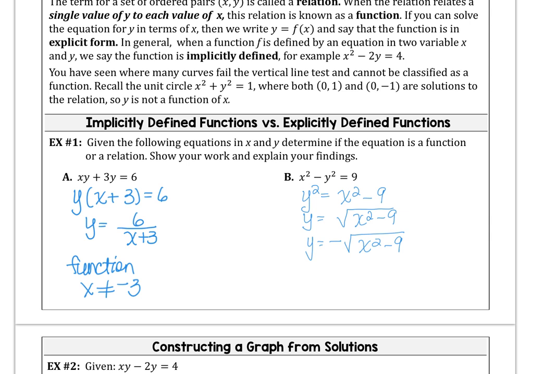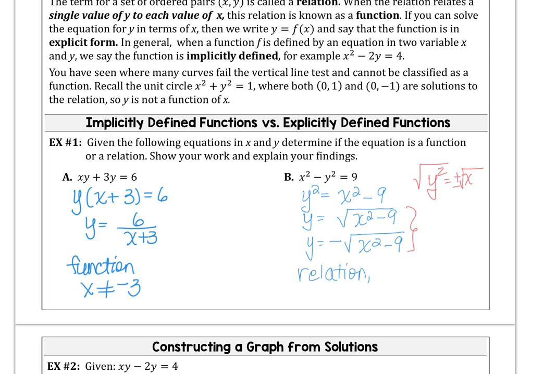That happens using the rule that whenever you take the square root of the left side to get rid of the square, you must take the positive and negative square root of the right side. That's what happened here. So we either have positive radical x squared minus 9 or the opposite of radical x squared minus 9. That causes this to be just a relation.